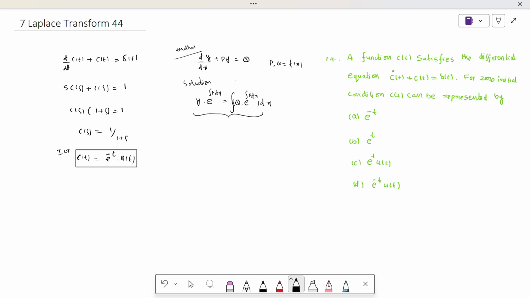So this is the solution for the first order linear differential equation. In this way also we can solve this one. So the answer is e power minus t into u of t.